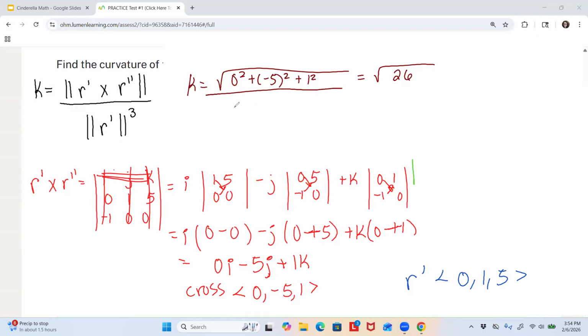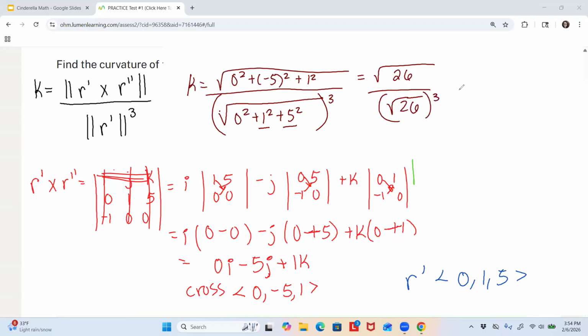And on the bottom, we're going to do the magnitude of R prime cubed. So magnitude of R prime would be the blue one, 0 squared plus 1 squared plus 5 squared, and then you're going to do that 3 times. Well, that's 1 plus 25, so that's root 26, 3 times.